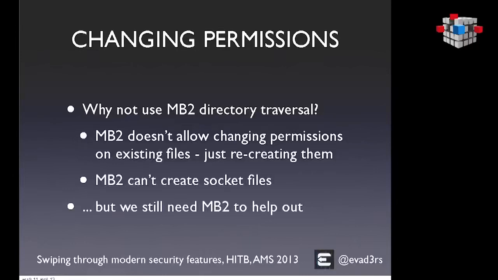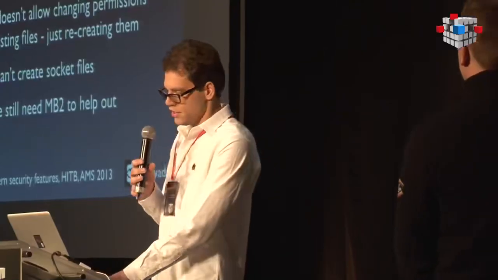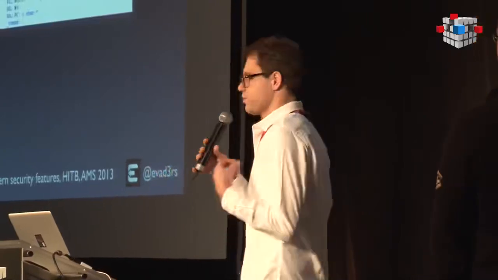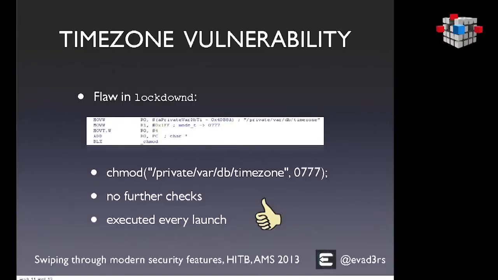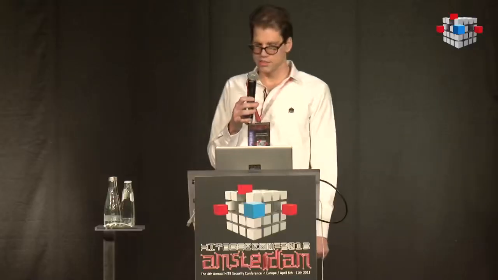So to achieve this, we still need to use the mobile backup system to plant the file. Initially we actually thought we could use that to change the permissions, but then we found out that we cannot, and we needed a solution. I was searching for some chmod command and found out that lockdownd is doing this.